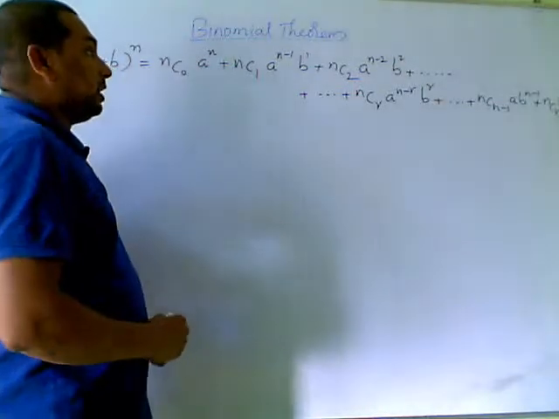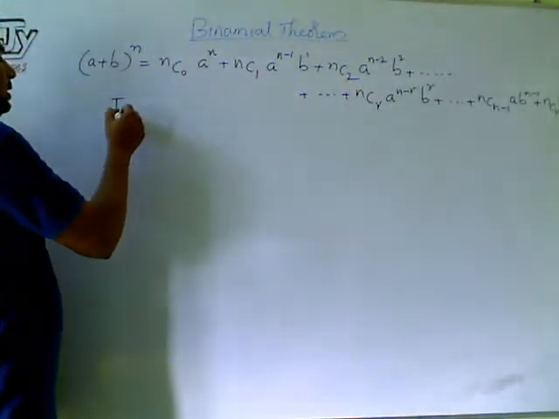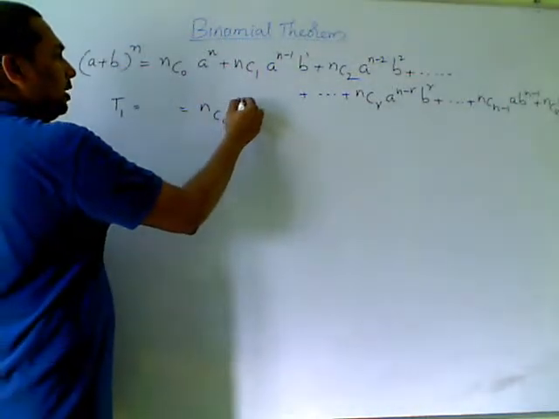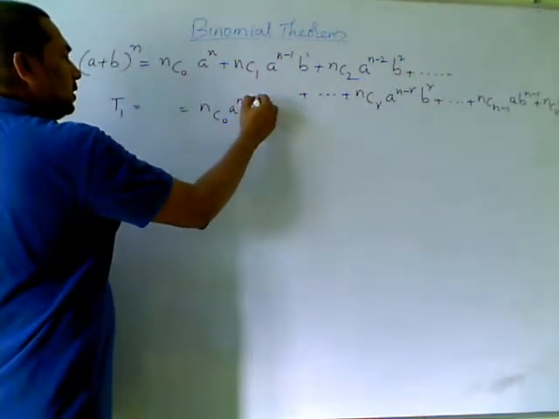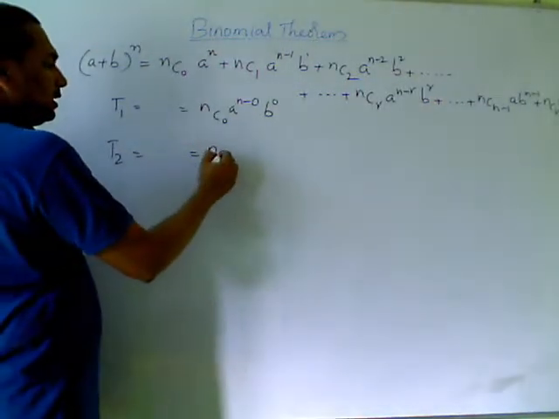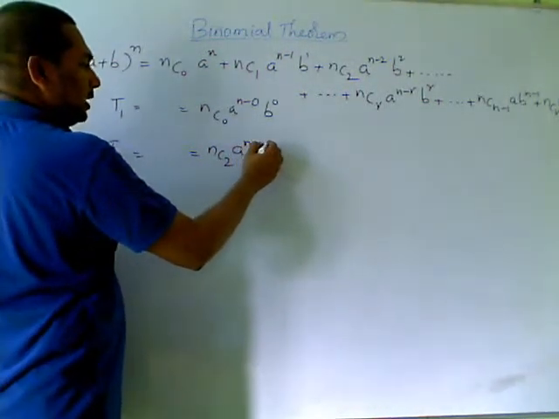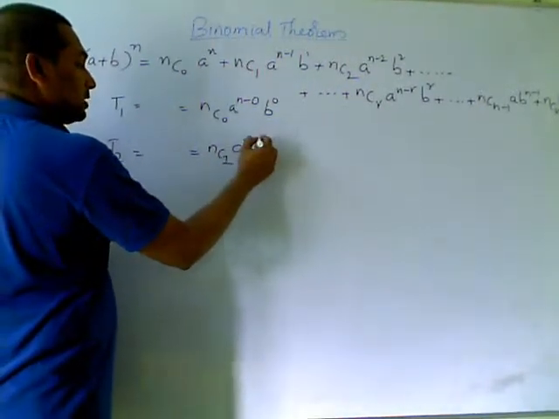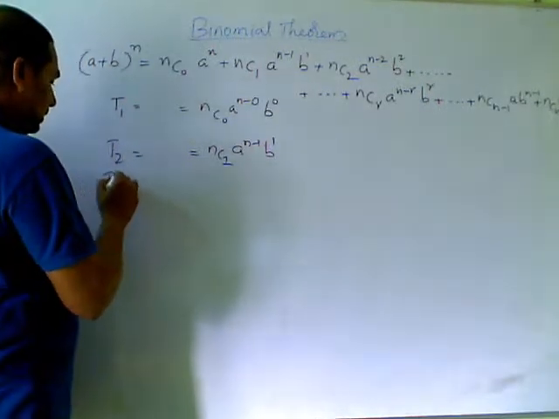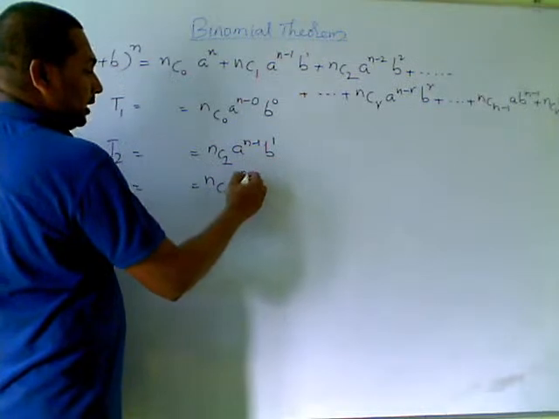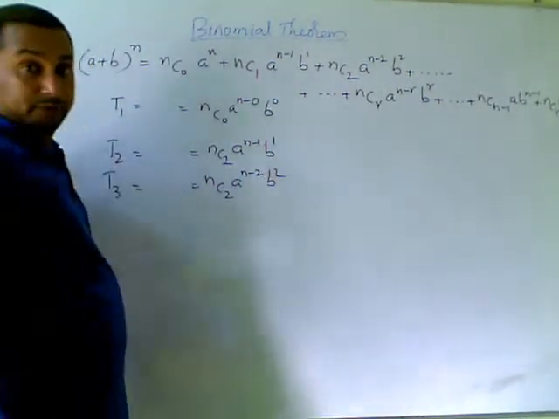So in this binomial expansion, t1 is equal to nC0 a power n minus 0 b power 0. t2 is equal to nC1 a power n minus 1 b power 1. t3 is equal to nC2 a power n minus 2 b power 2, third term.